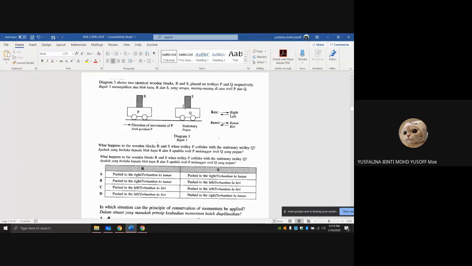But Q, since it's stationary, means inertia, it opposes. It doesn't want to move forward. So it will push to the left. So the answer is B.